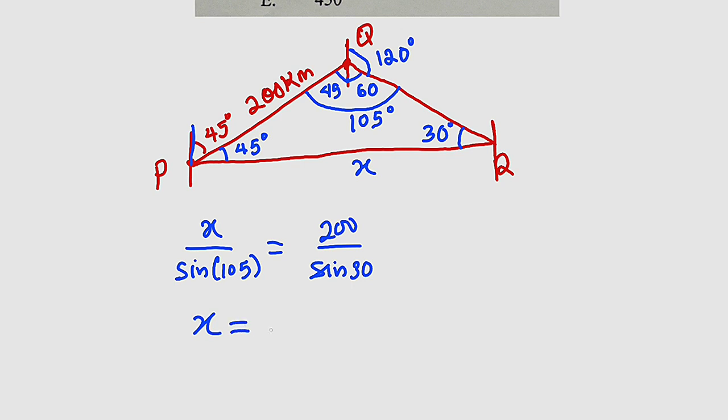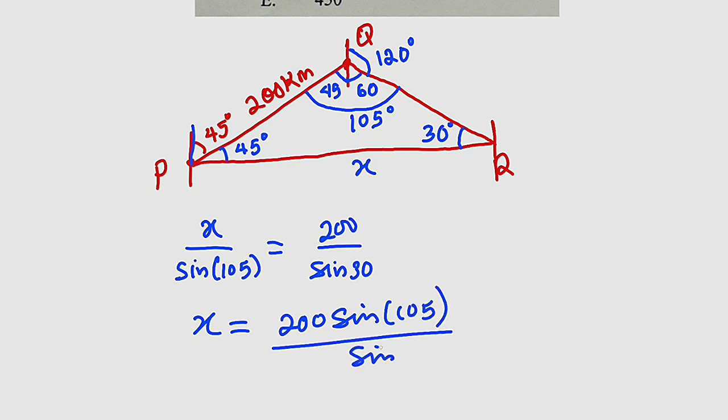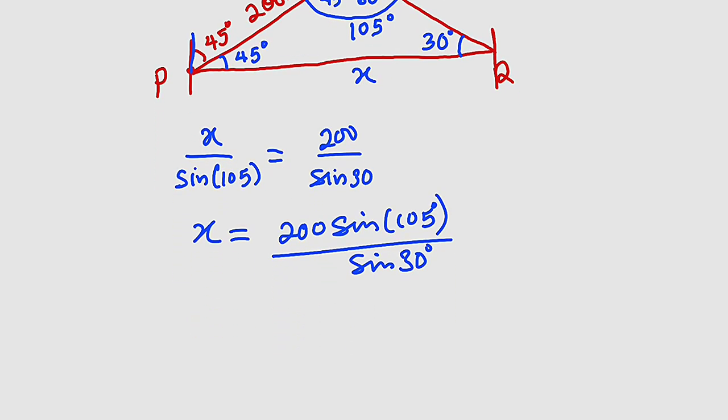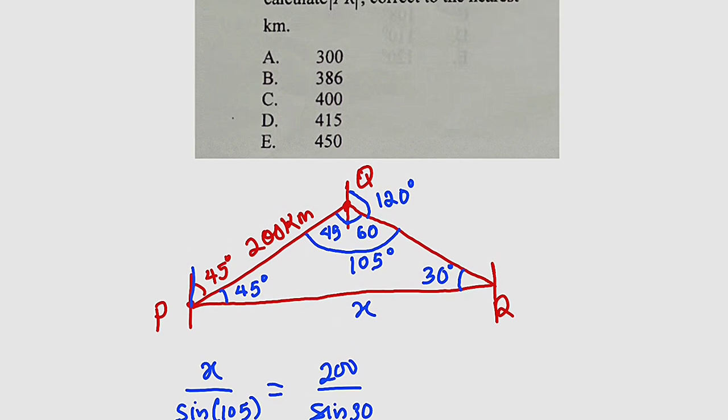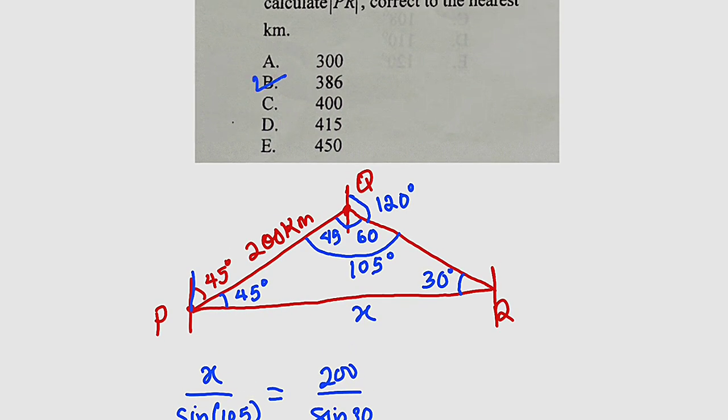We have X equal to 200 multiplied by sine of 105 divided by sine of 30 degrees. So let me use my calculator and press everything. X is equal to 386, because they say to the nearest kilometer. So we have 386 kilometers, which is option B.